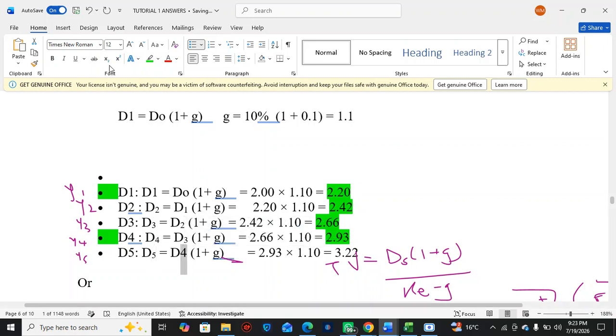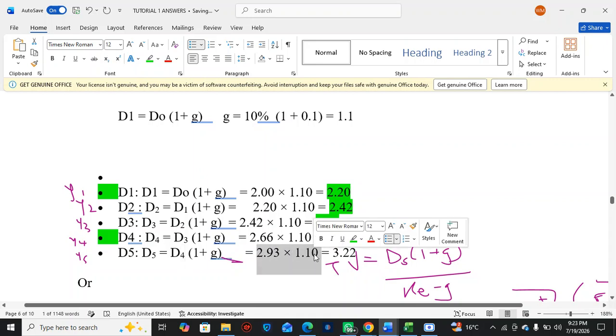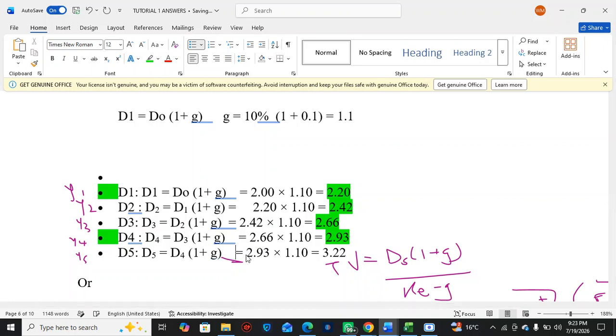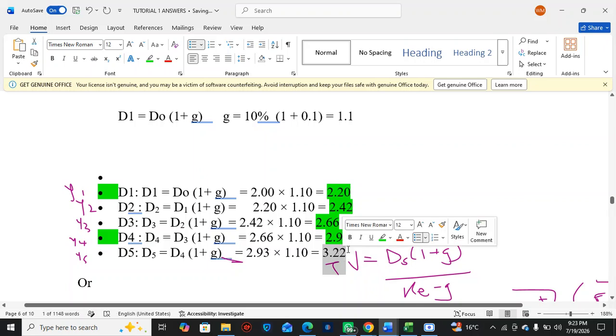The dividend for year four was 2.93. If it grows by 10%, it becomes 3.22. Any questions, colleagues, on step one?